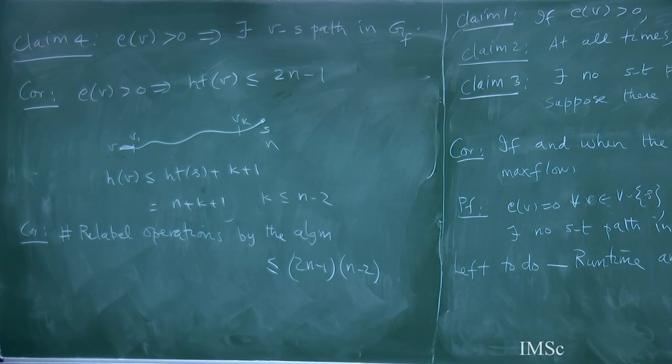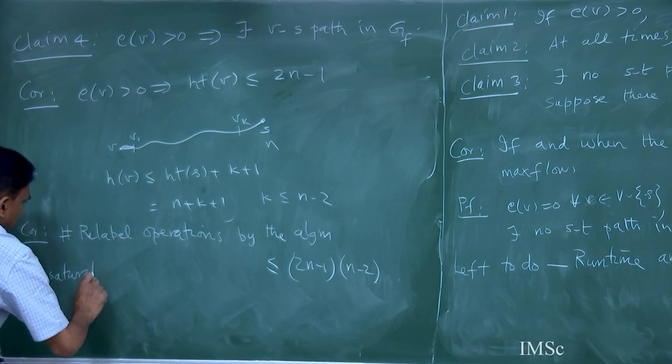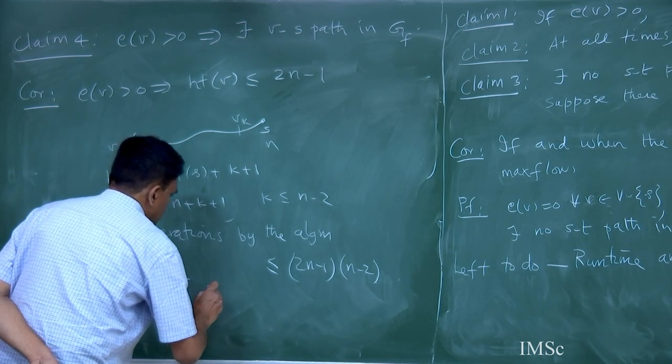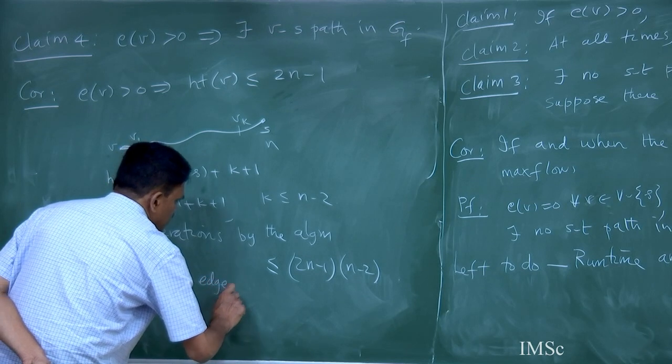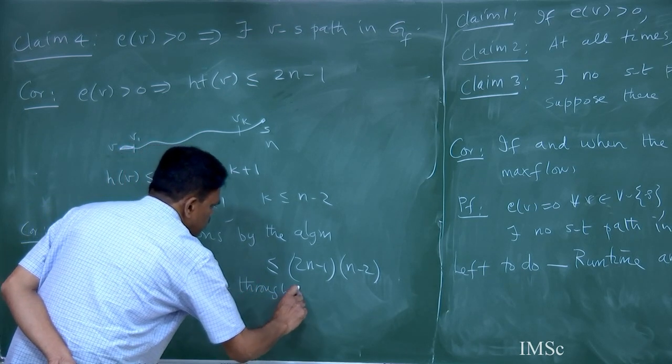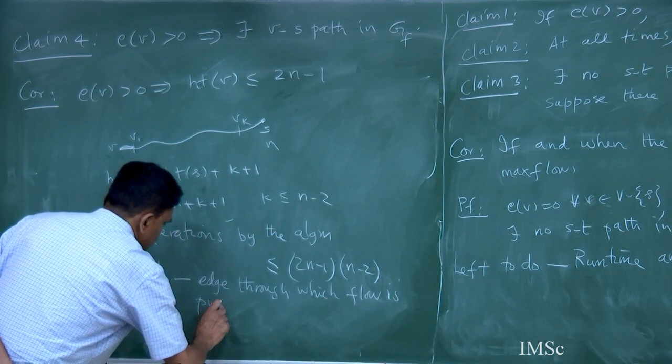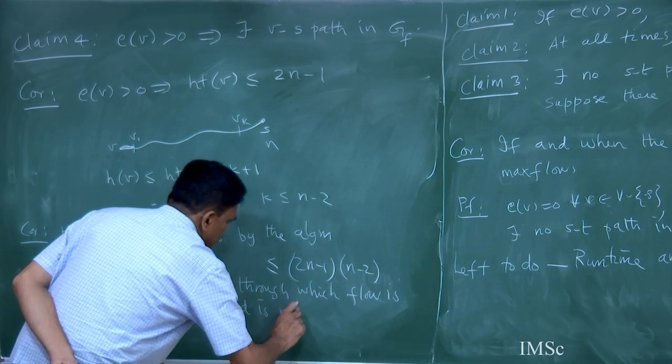Let's look at unsaturating pushes. Okay, I think I can finish the proof. I was just thinking. So unsaturating push means that the edge through which flow is pushed is not saturated.